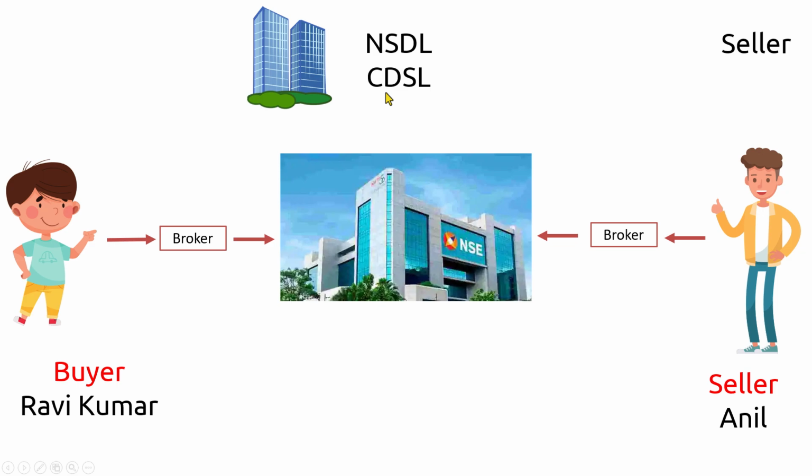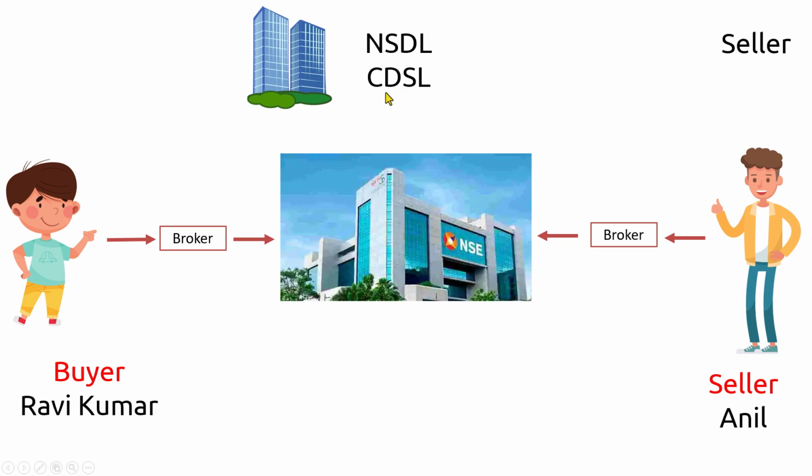Previously it was T plus 2, now it is T plus 1. That means if you buy shares today, tomorrow they will be reflected in your demat account. Time is required for the broker and clearing corporation to send and verify the data with NSDL or CDSL and confirm the transaction.